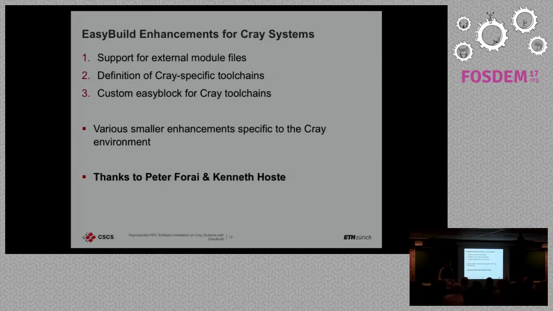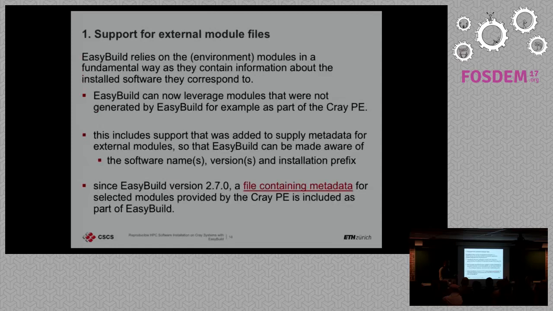The three main features that had to be implemented are the support for external module files, then the definition of the toolchains, and the custom easy block. I want to thank again Peter and Kenneth, but I won't go into details of this implementation because we don't have time here.